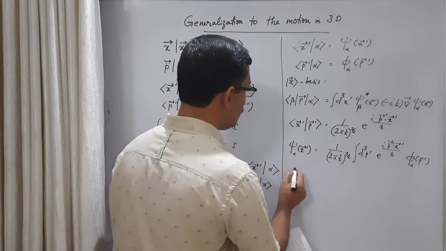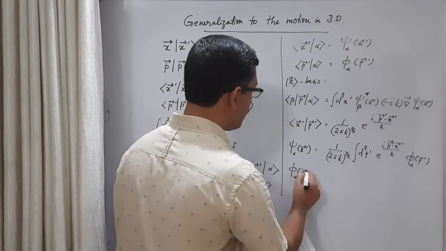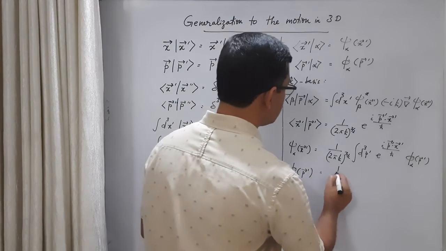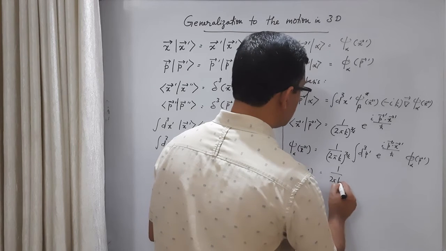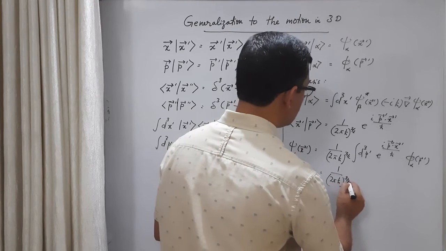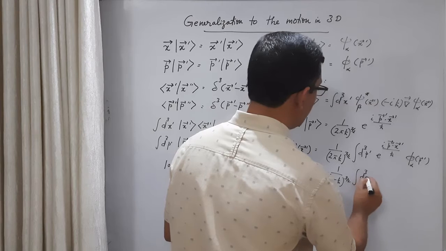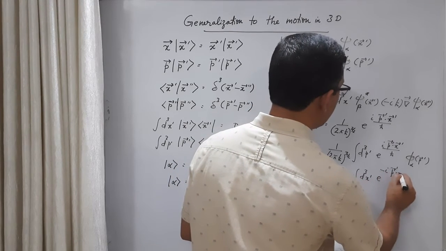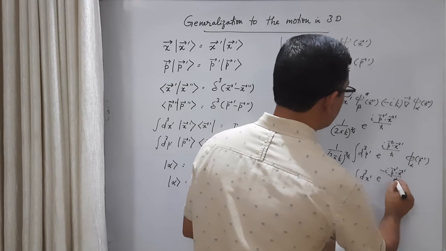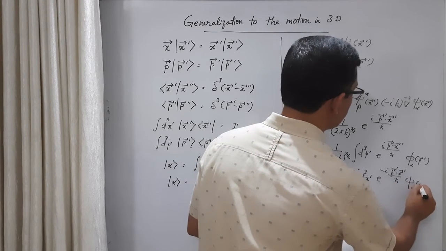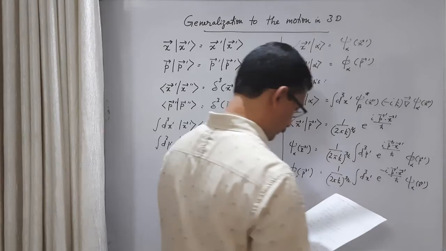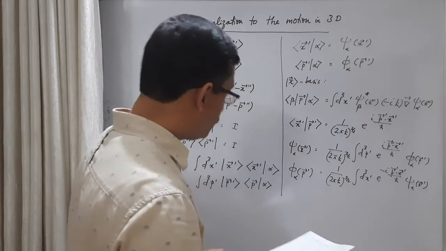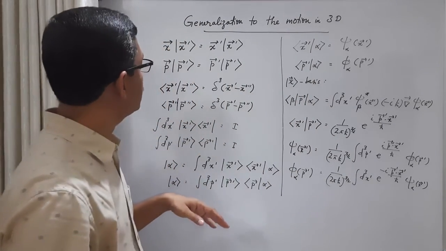And the other Fourier transform is phi alpha p' equals (1/2π h cross)^(3/2) volume integral e^(-i p'·x'/h cross) psi alpha x'. So these are the basic results.